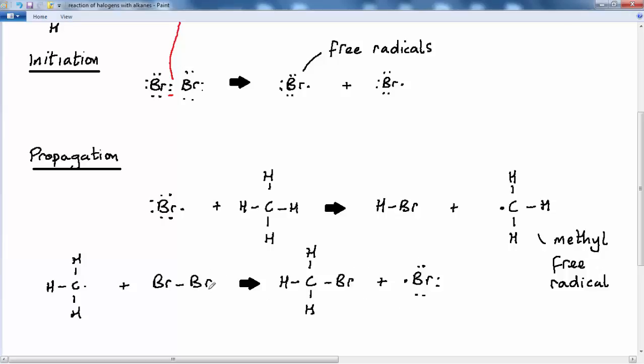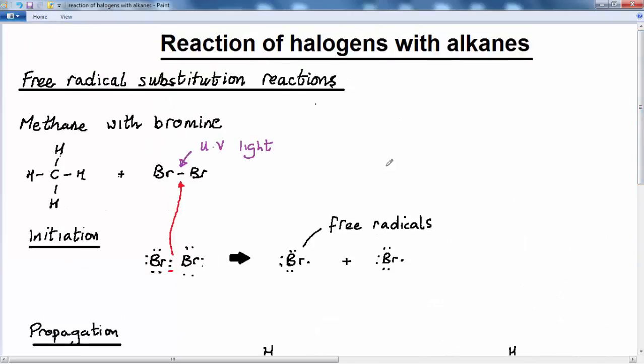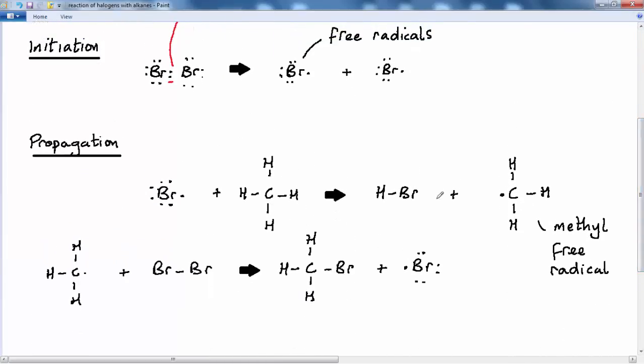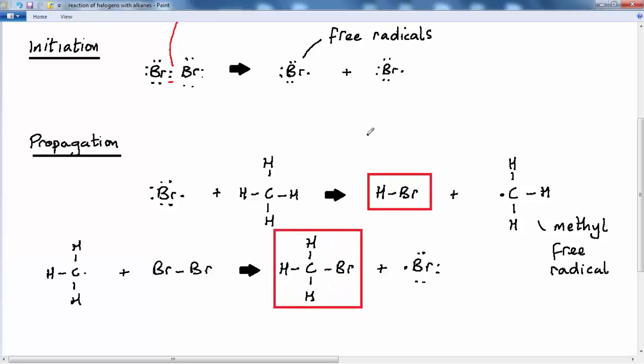This is why this is described as a chain reaction, and these are the propagation steps. They're the steps through which the reaction keeps going. During this propagation phase, we can see we've got 2 products being produced. Remember, we started off with methane and bromine, and we've moved down to this propagation phase, and now what we've got being produced is hydrogen bromide, and bromomethane.